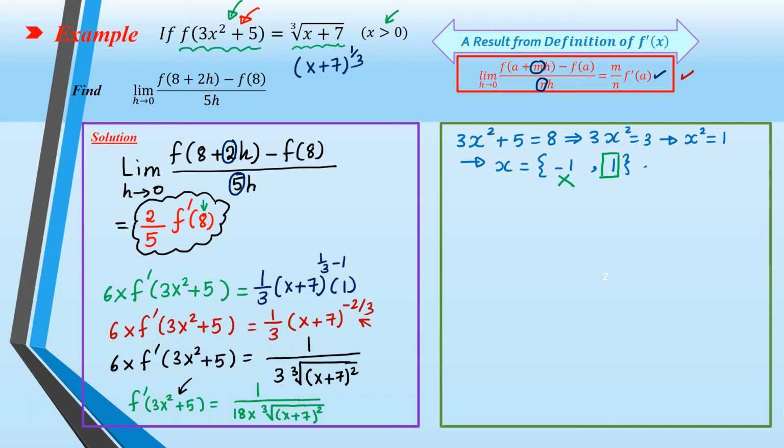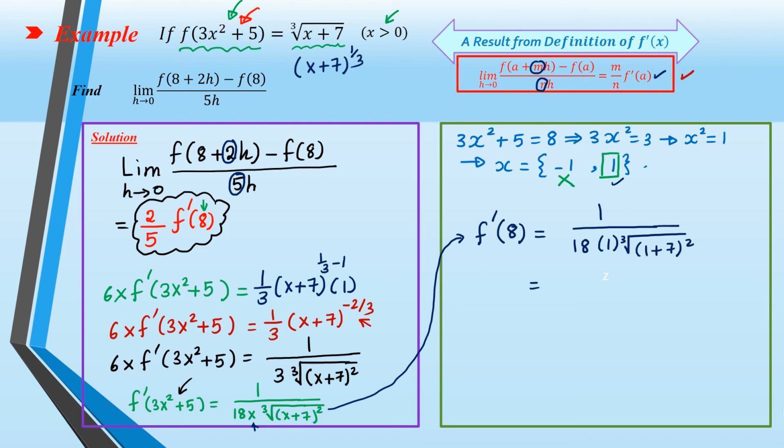And hence, using the formula of f prime, you have to replace x equals 1. So you get f prime of 8 equals 1 over 18 multiplied by x, which equals 1, multiplied by the cube root of 1 plus 7 squared.